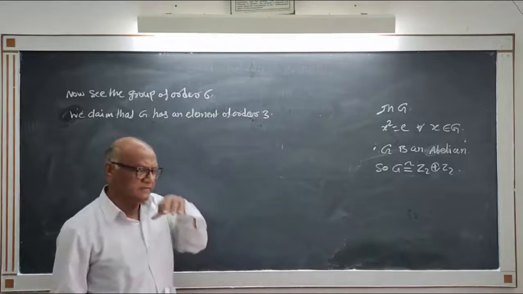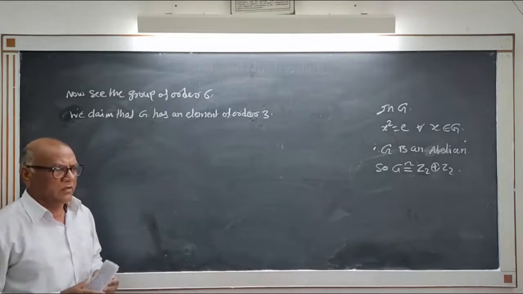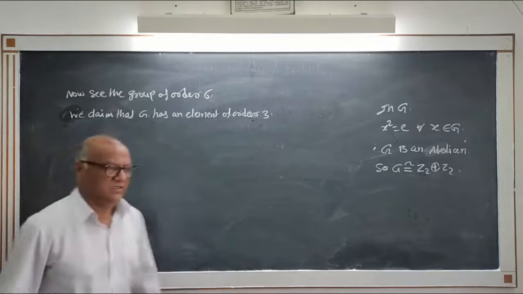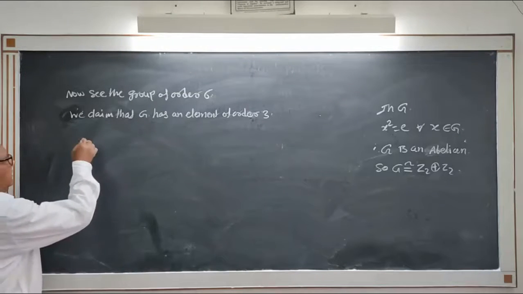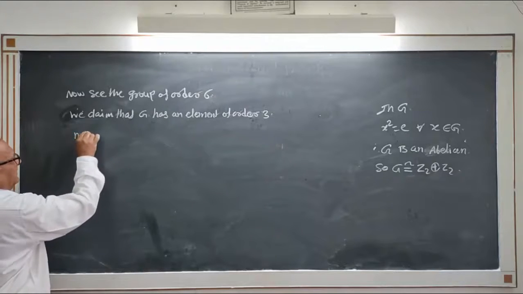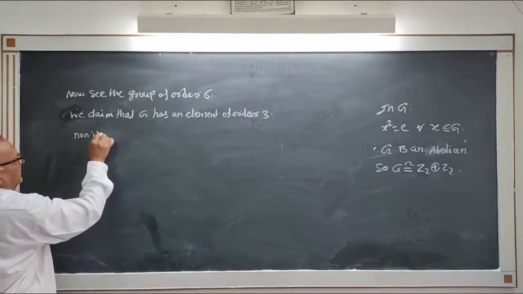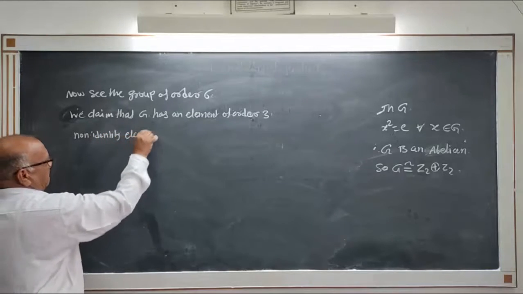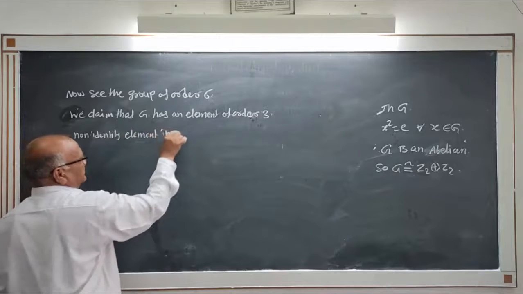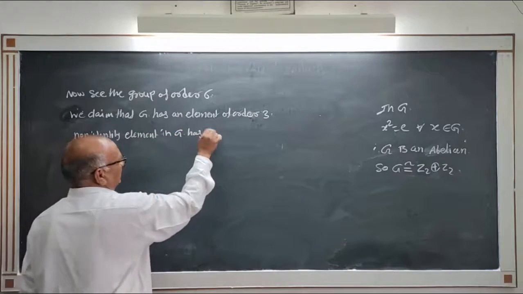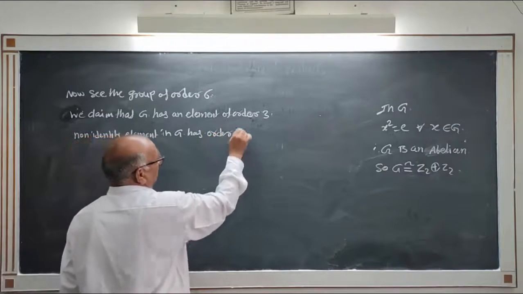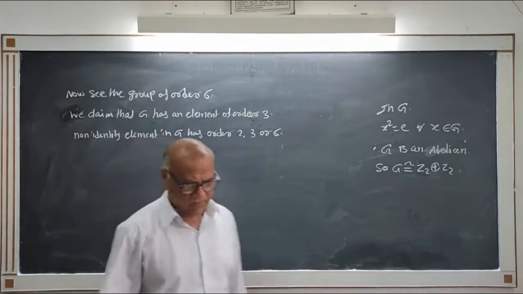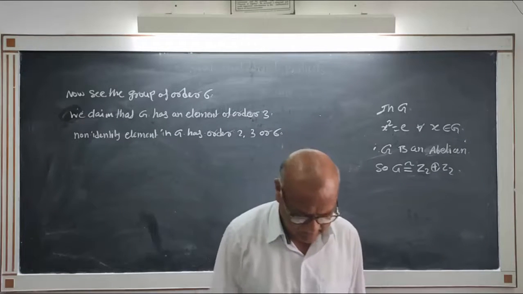By Lagrange's theorem, the order of an element divides the order of G. So a non-identity element in G has order 2, 3 or 6.